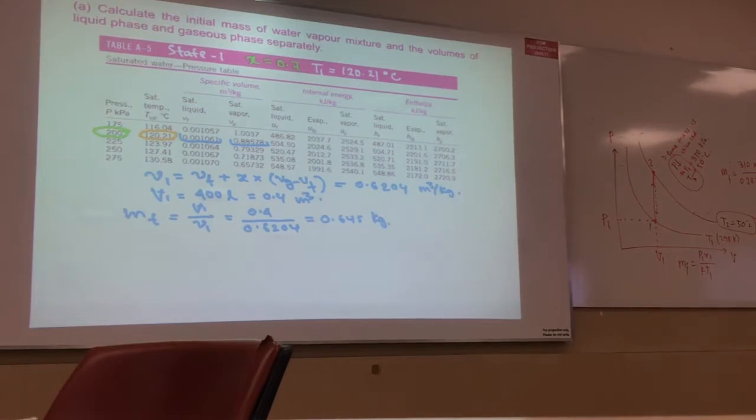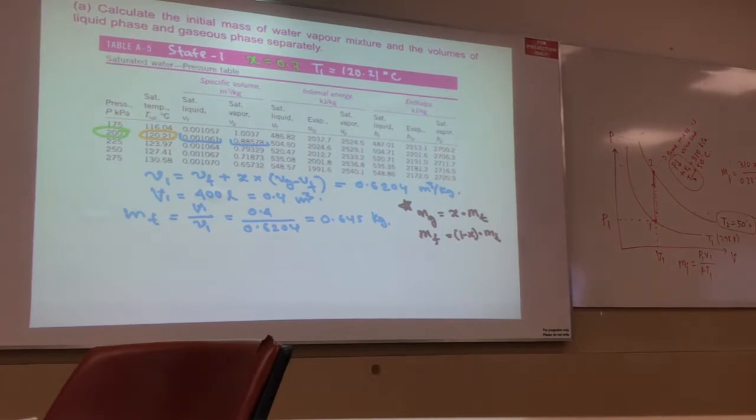So how can you calculate the liquid mass and vapor mass? How to find vapor mass? Quality times total mass. You know this, right? Mass of liquid phase is 1 minus x times total mass.